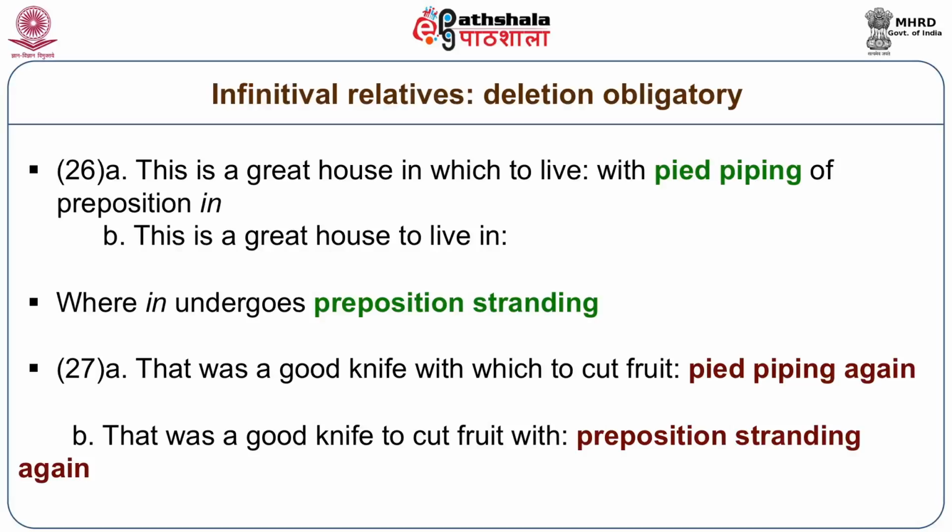Or the other alternative that shows up in the variant that contains the overt visible relative phrase, what you get is, this is a nice house in which to live. When that variant is used, the WH as it moves up carries the preposition along with it.